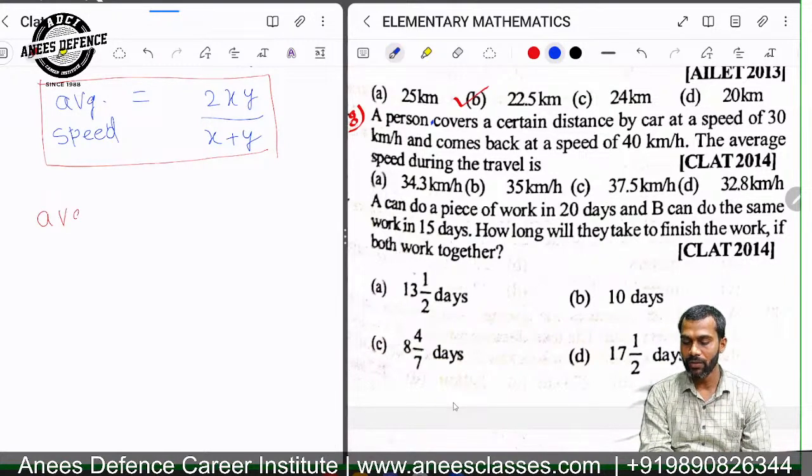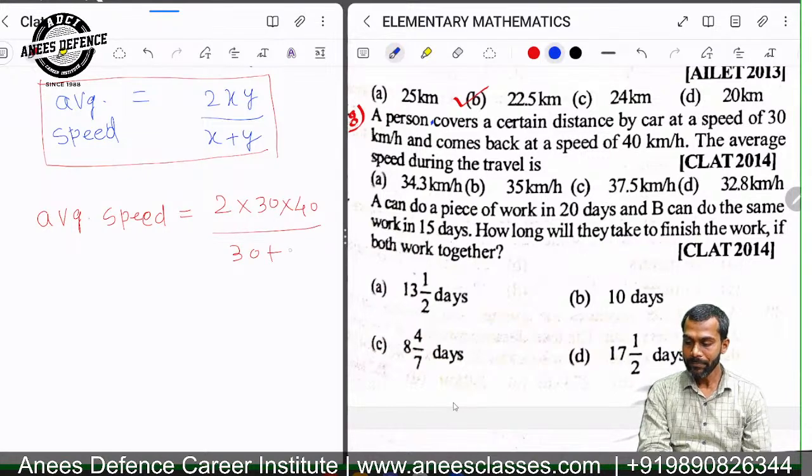So average speed is equal to 2 times 30 into 40 divided by 30 plus 40, which is 2 3s are 6 into 4, 2400 divided by 70.